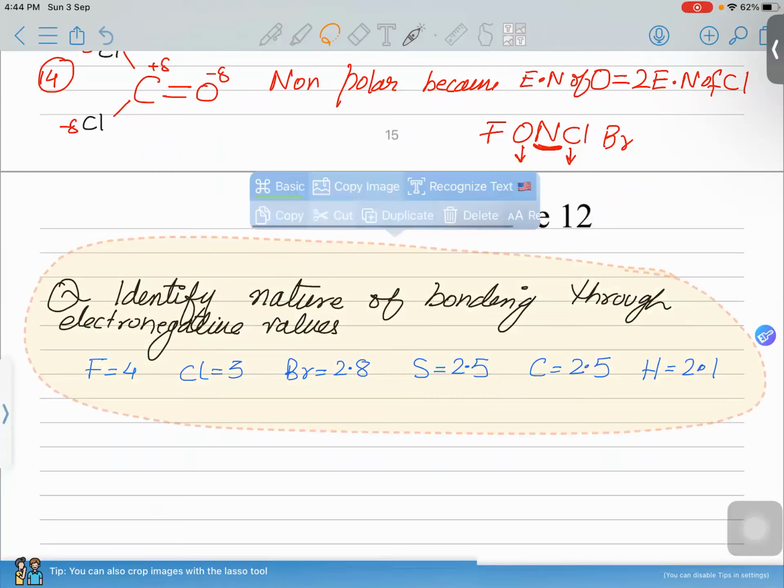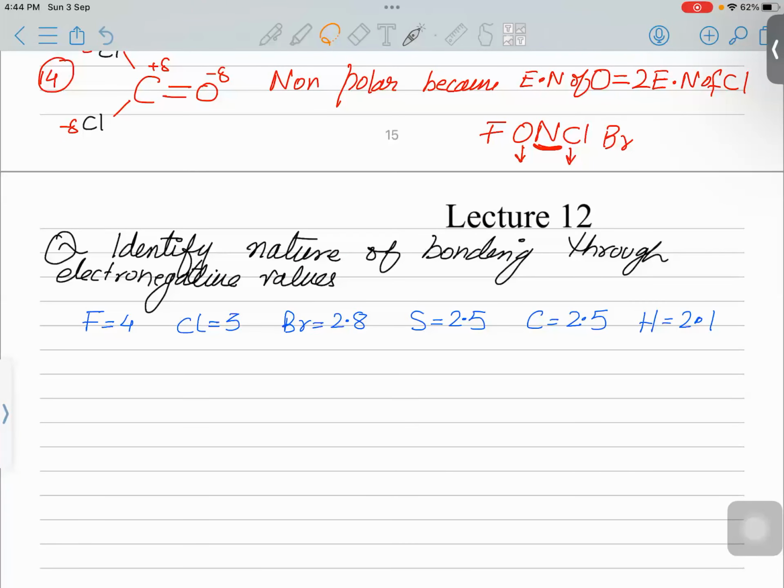And what's the ratio between fluorine and chlorine? You can see that it's 3 times. And fluorine and bromine would be 4 times. It is just imagination, just visualizing values, not the exact values. We have the exact values, you can see them here, but learning these values is not in our syllabus. So just use this Pauling scale, right?